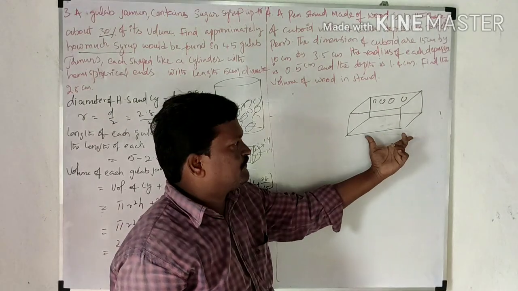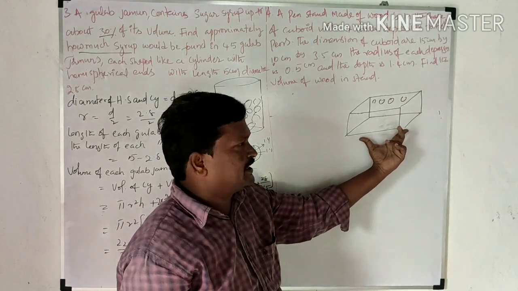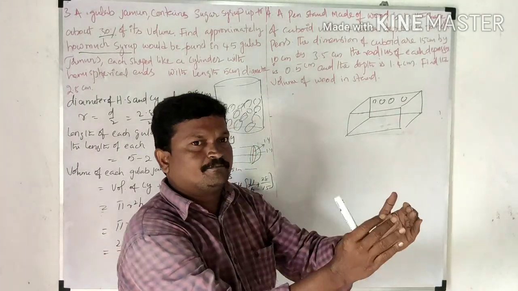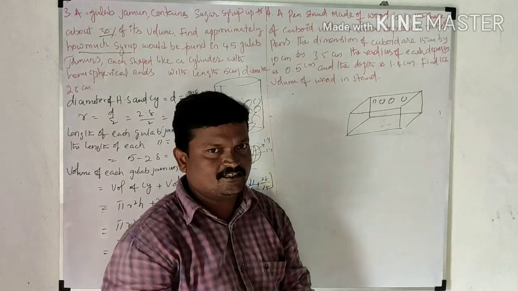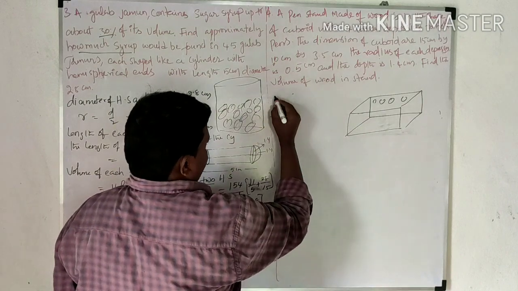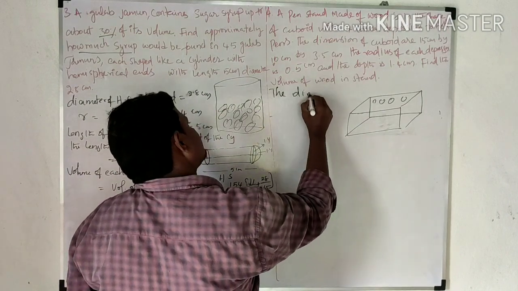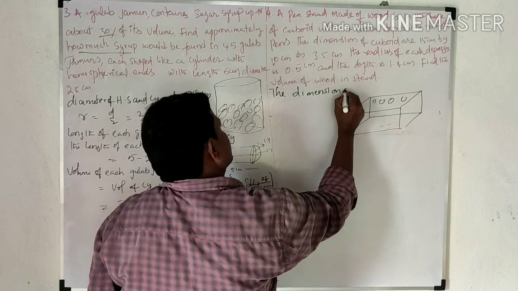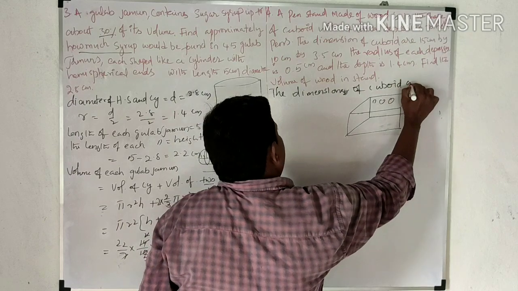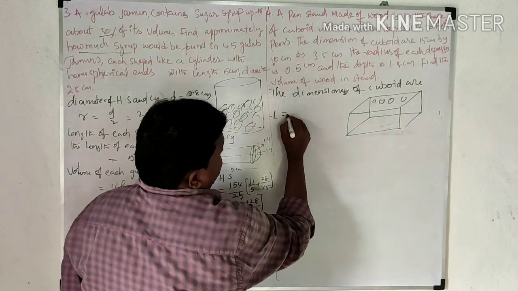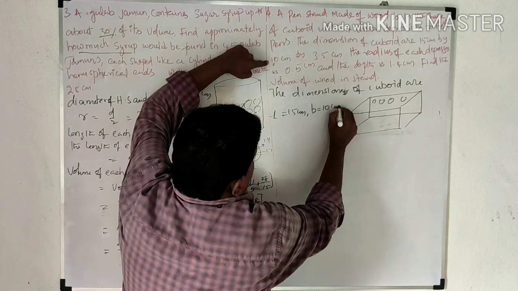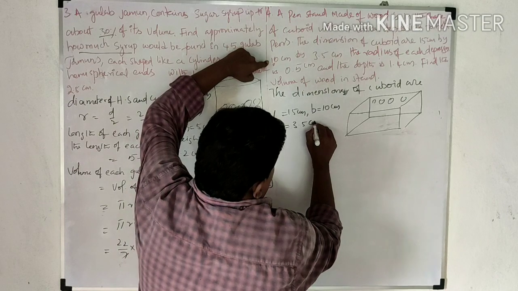So how will we find it from the volume of this cuboid? If you subtract the volume of 4 cones, that will be the remaining wood in this pen stand. Okay, so now let us try to write. See, dimensions given. The dimensions of the cuboid: length is equal to 15 centimeters, breadth is equal to 10 centimeters, and height is equal to 3.5 centimeters.